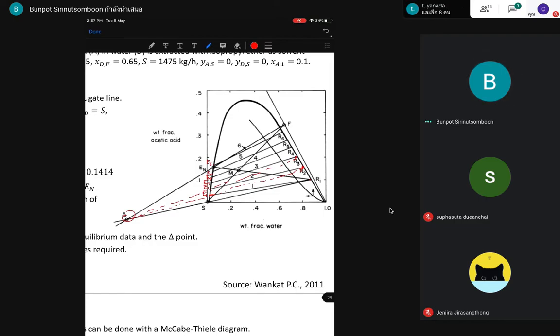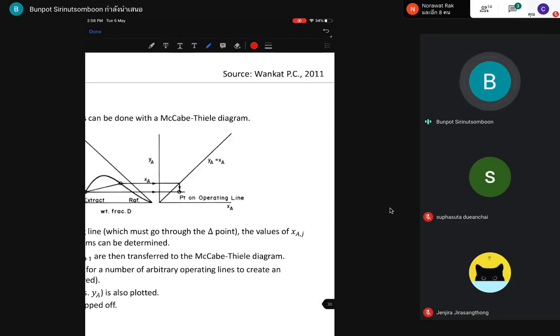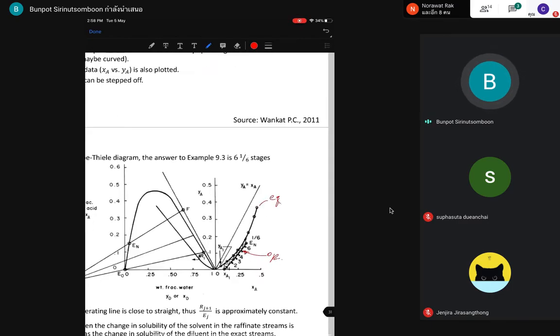Okay, this line right here is the conjugate line. You have to use the conjugate line and tie line to help you find the number of stages. But with this technique, you don't have to use the conjugate line.